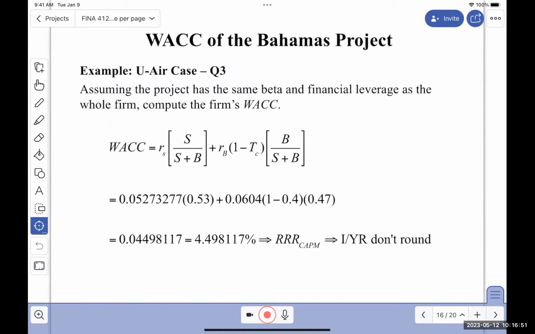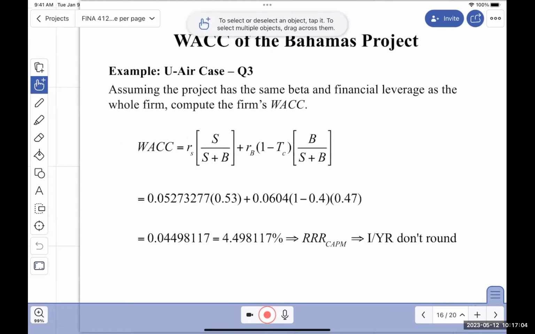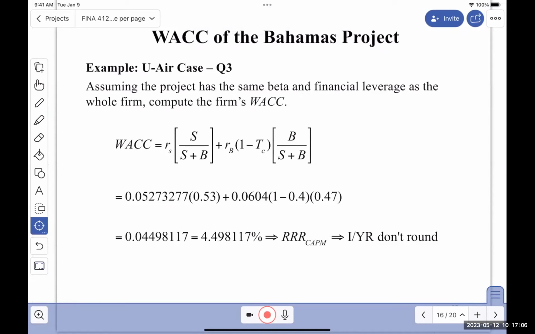All right, so let's look at this problem for UAIR. For UAIR, we are introducing now the fact that they also issue debt, and we can now calculate the WACC.